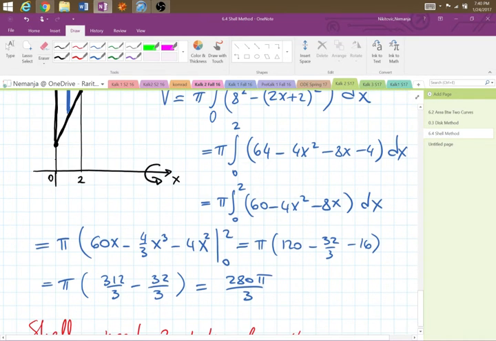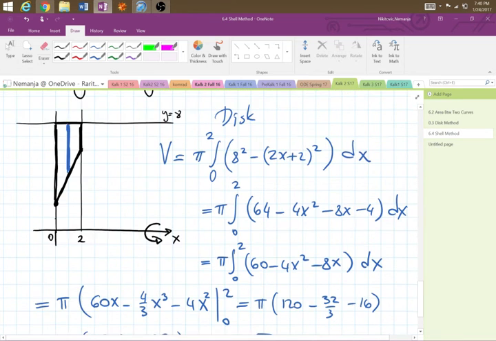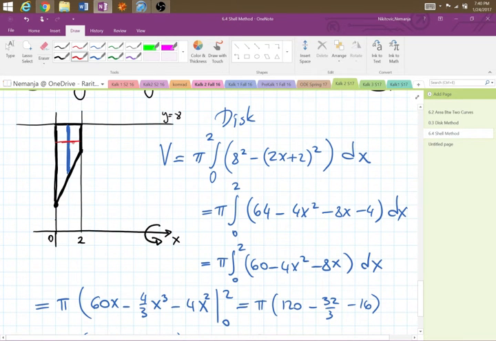Observe what's happening with the shape, guys. As I draw dy, because I know that for shell I need dy, you see how the dy that I draw on top and the bottom do not have the same function on the right. So I have to do one integral up to the point where they switch, and then do the other integral above, and then add them.